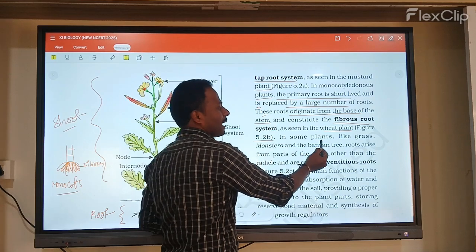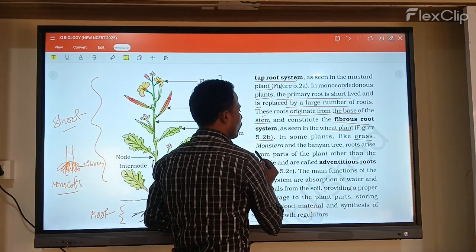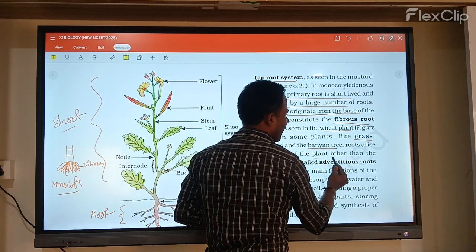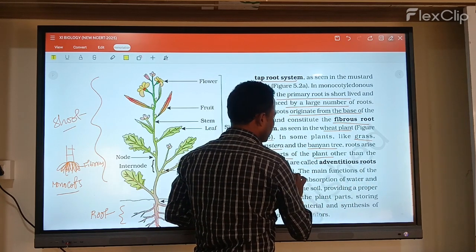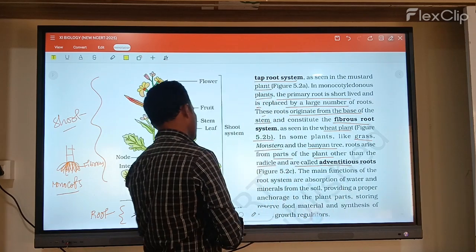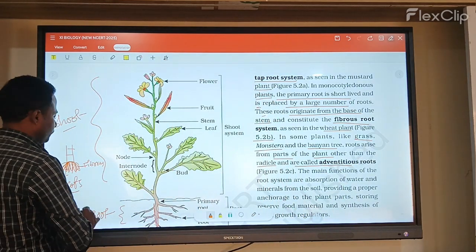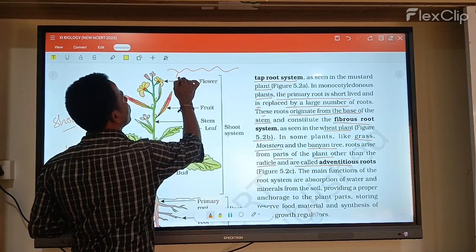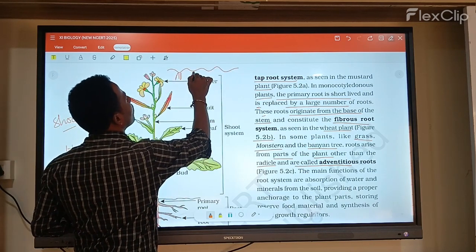Now, in some plants like grasses, monstera and banyan tree, the roots arise from parts of the plant other than the radicle and are called adventitious roots. In some plants, for example in grass, roots arise from the entire plant body.